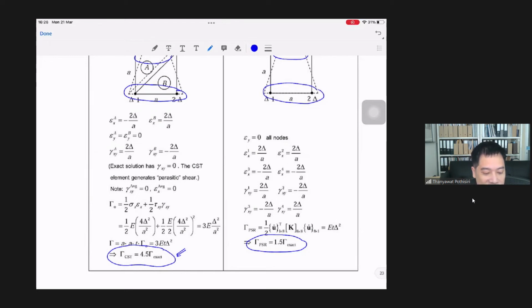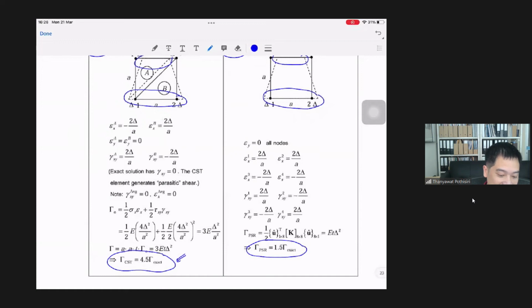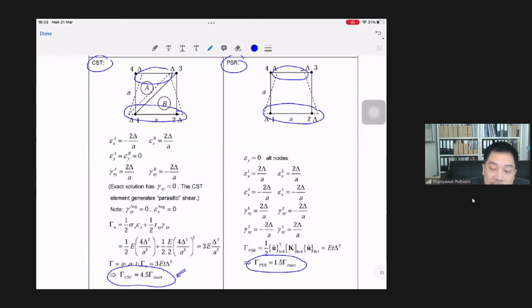So what is the source of this higher strain energy then? If you take a look at this right here, you see that the source of the strain energy comes from this gamma xy, right?